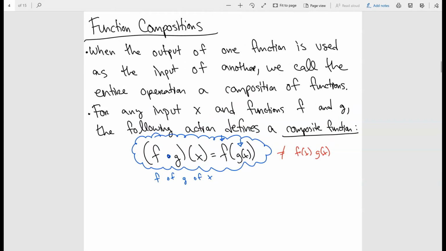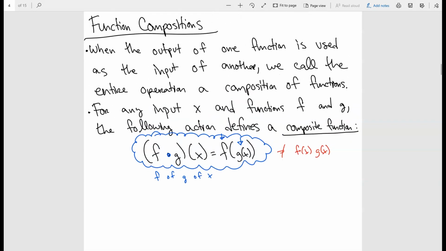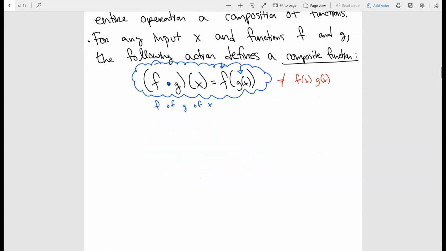One of the things that we might be interested in is how do we find the domain of this guy? Let's just write it down.